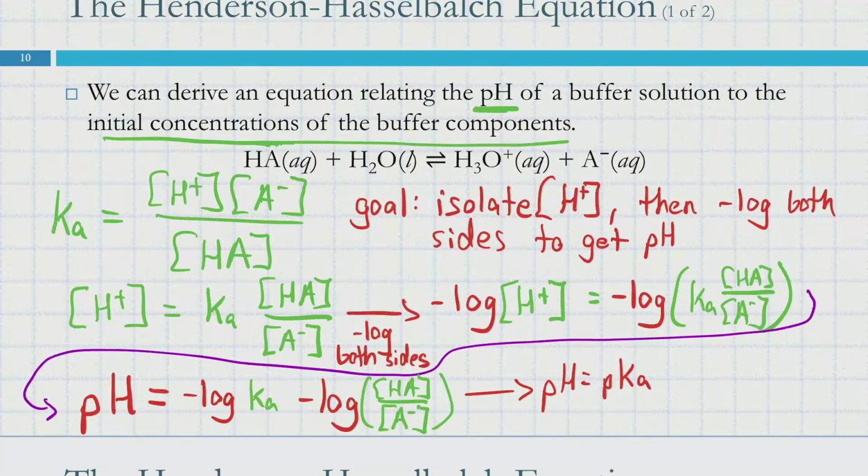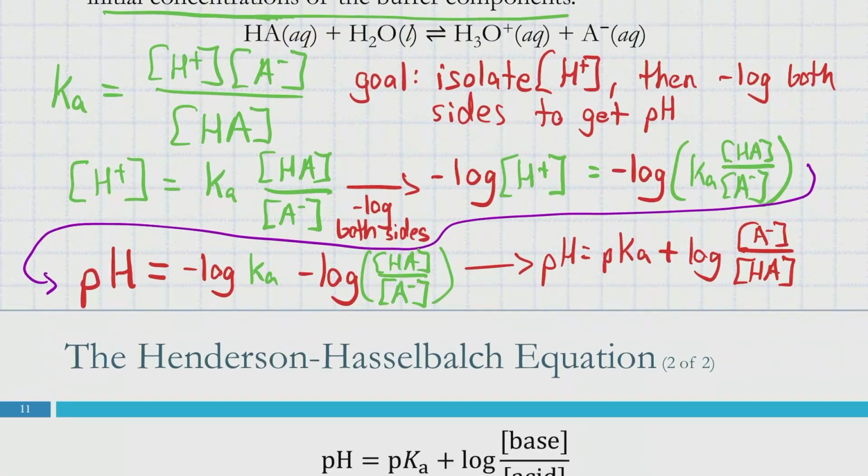So we get pKa plus log concentration of A minus over concentration of HA. And that is the Henderson-Hasselbalch equation, which we just get for free on the next slide.